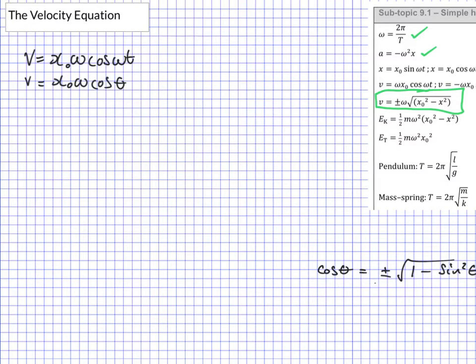So you probably guessed it. We're going to take this statement that we just made using Pythagoras' theorem, and insert it into these velocity equations. So what does that look like?